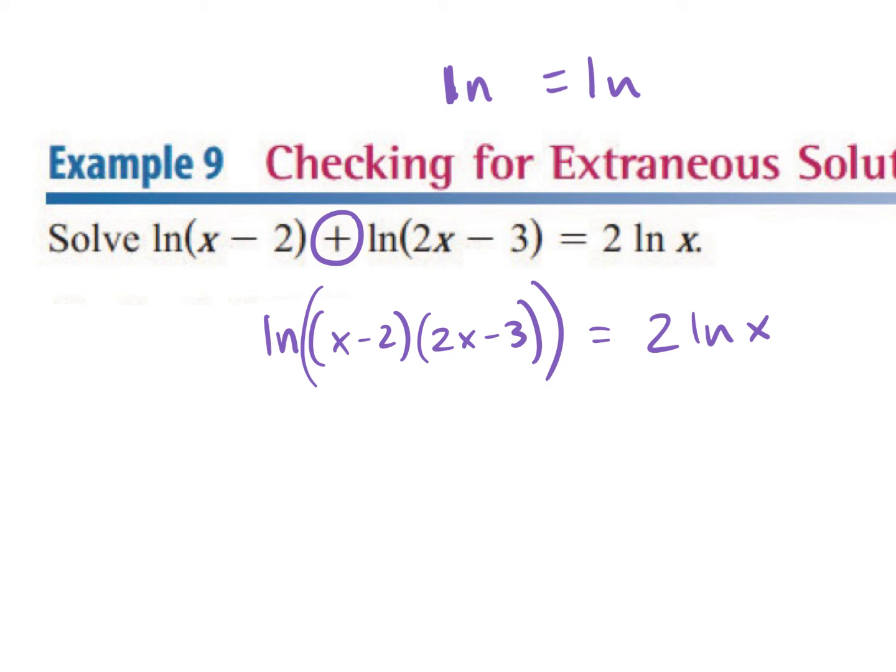Now, do I have an ln is equal to an ln? Almost. I have that 2 in the way. How can I move that 2? Where can I put it? Awesome. It's going to go on top of the x. So I'm condensing the right side too. So this would become ln of x squared.